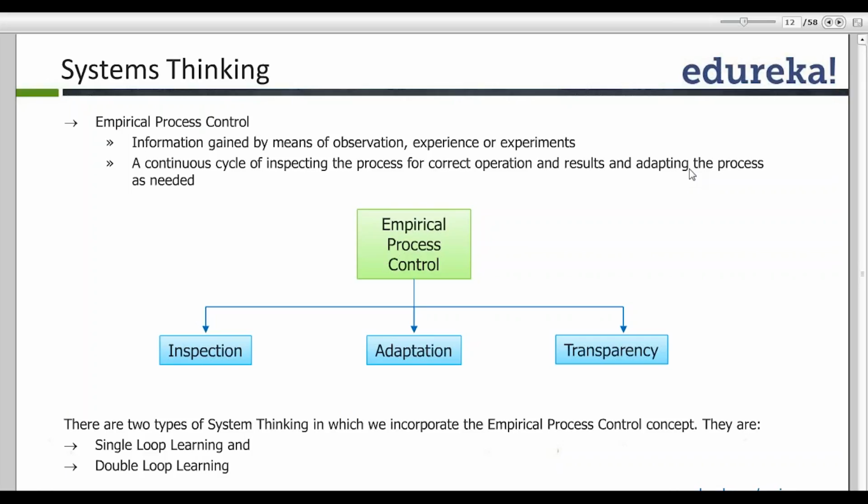And there are two types of processes in this. One is a single loop learning, and another one is a double loop learning. So what we do in system thinking is we do some observations, we do some experiments, and based on the experiments, we adapt it.